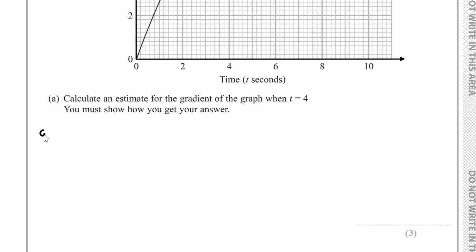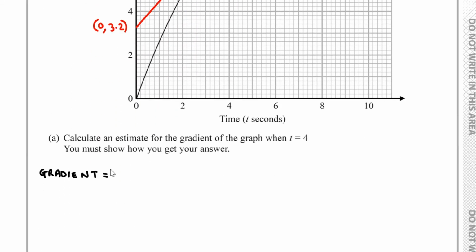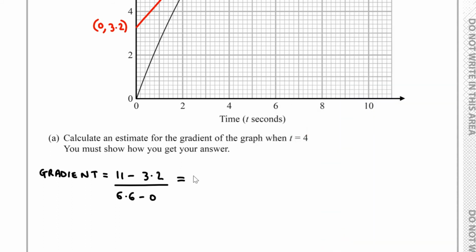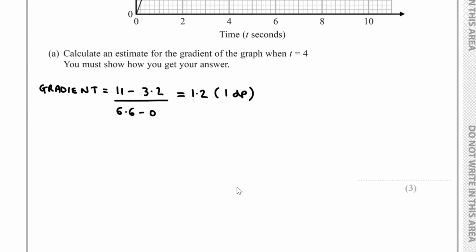The gradient is equal to the change in y, so here we've got 11 take away 3.2, over the change in x, which is 6.6 take away 0. So 11 take away 3.2 divided by 6.6 is 1.2 to one decimal place. So we've got 1.2.